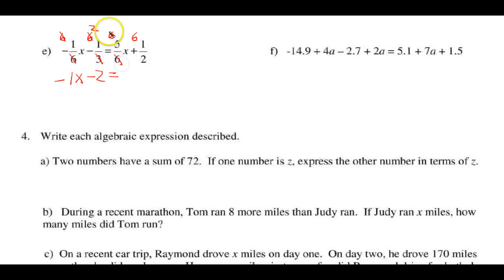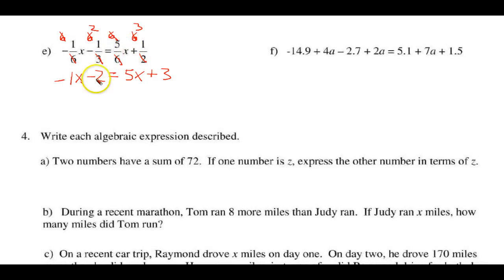Here the 6's cancel out, and we're left with 5x. That cancels out. This goes 3 times. So we have a plus 3. So we've gone from a rather complicated fractional equation into something rather easy.